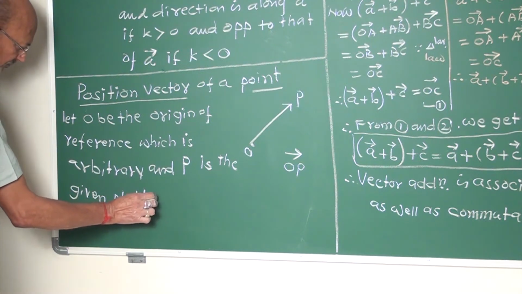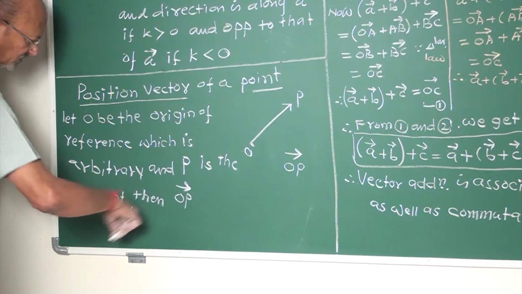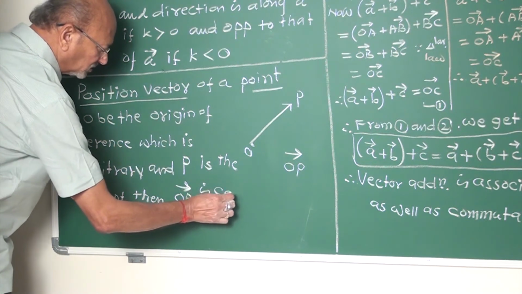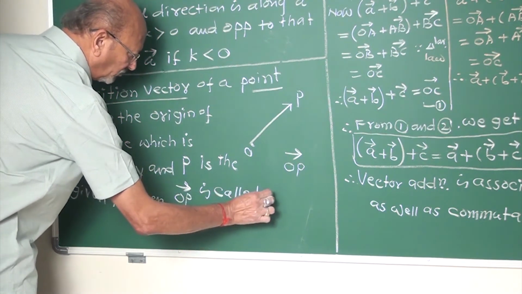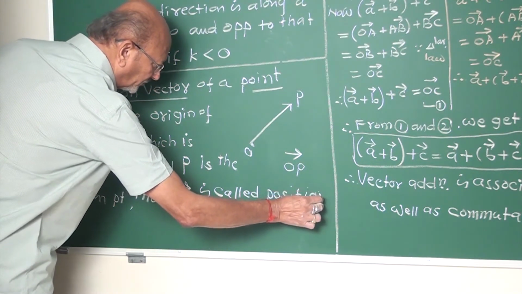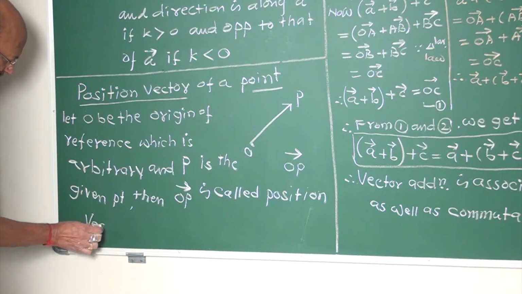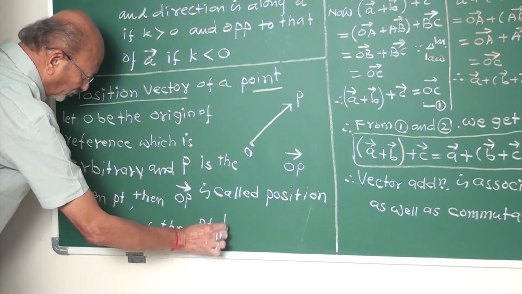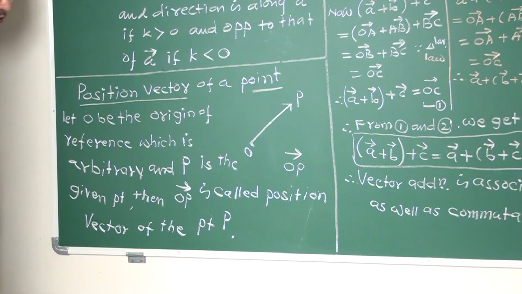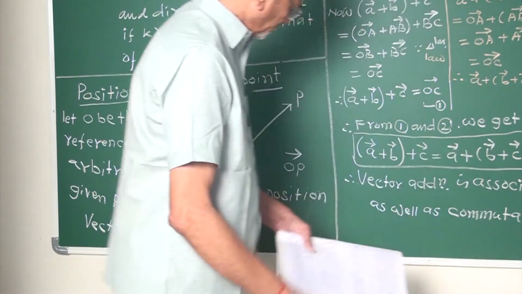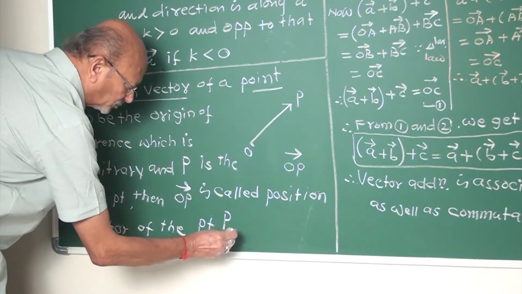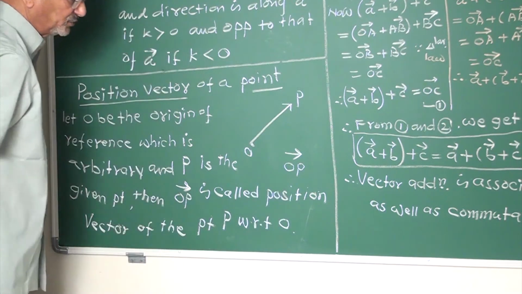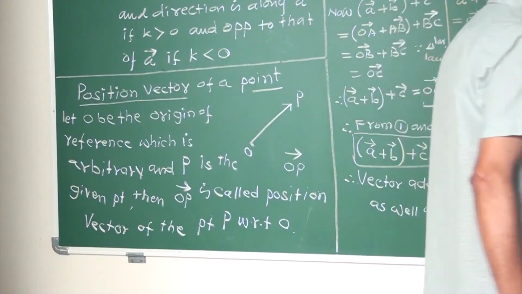Then vector OP is a vector whose direction is from O to P. Then OP is called the position vector of the point P. I will explain once again. This is very important: position vector of the point P with respect to origin of reference O. Yes, friends, copy it.